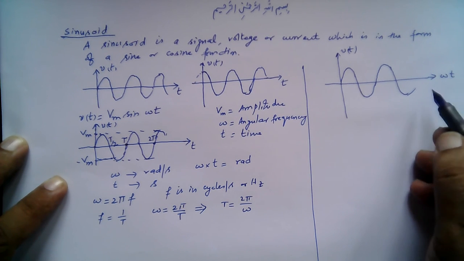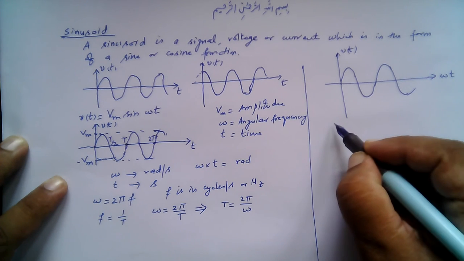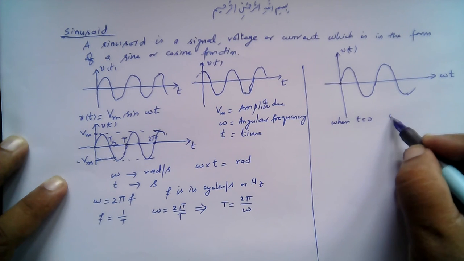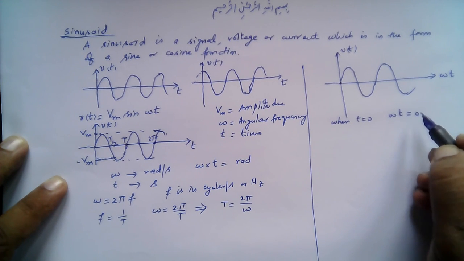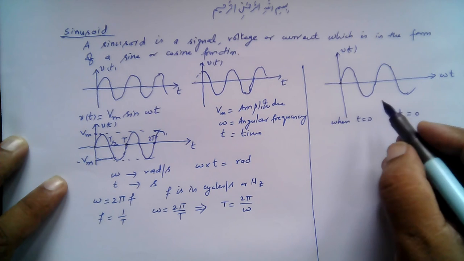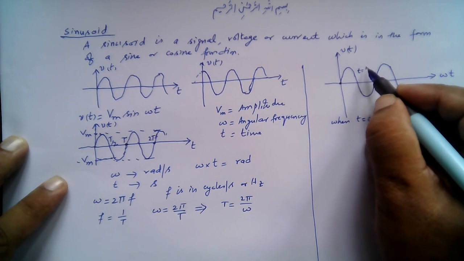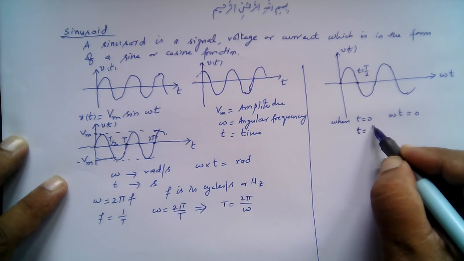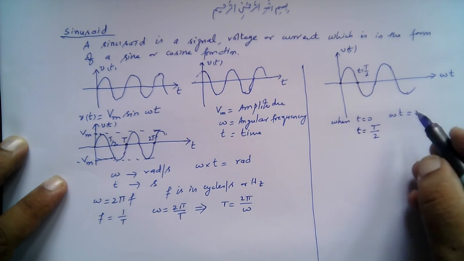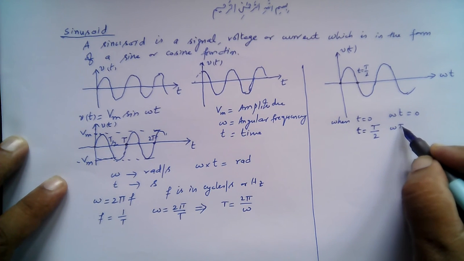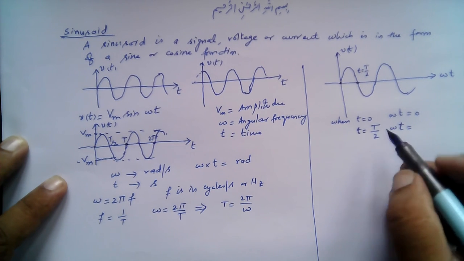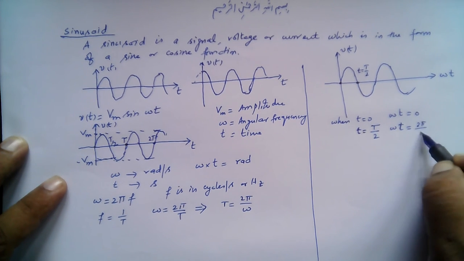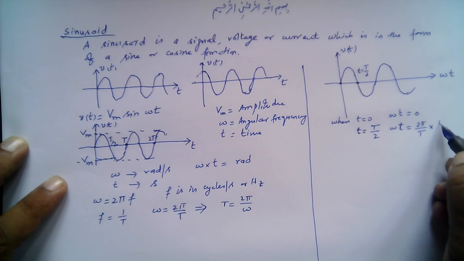When t is equal to 0, then omega t is obviously 0. And when t is the time period divided by 2, then omega t, remember, omega is 2 pi over T, so this is 2 pi over T multiplied by T over 2.